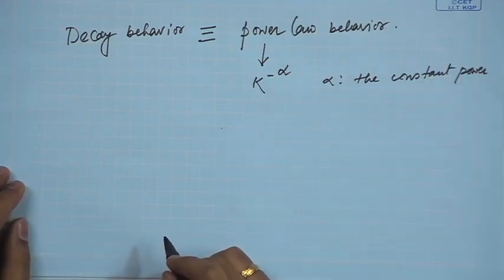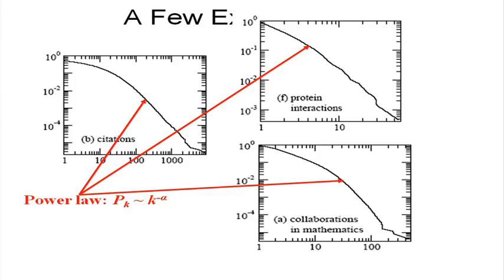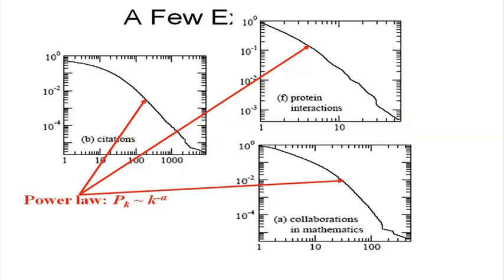You see that many of the different networks that I gave examples of in the last lecture actually follow this kind of power law degree distribution. So, their degree distribution has a power law behavior.